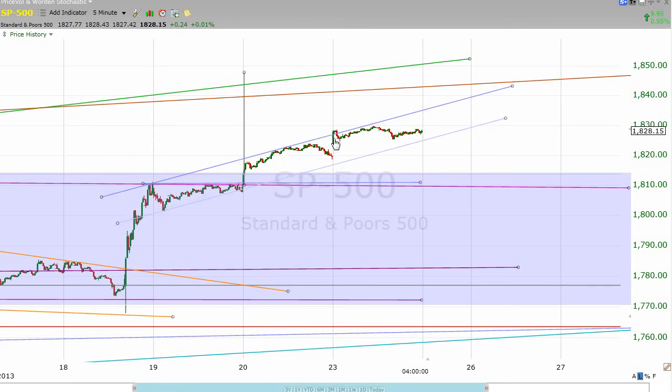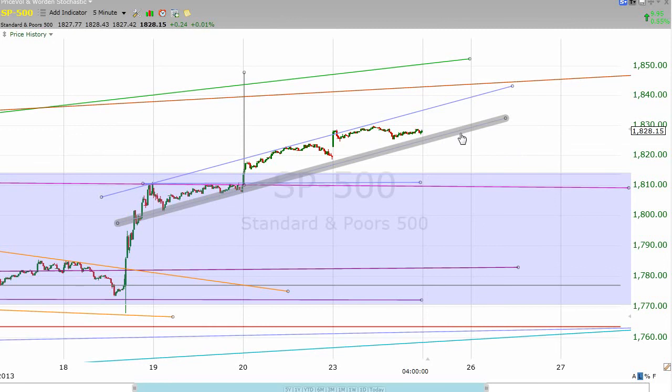Today we gapped up just a hair over that line and then immediately settled back, kind of stayed around it, then started to sell off a little bit during the day.